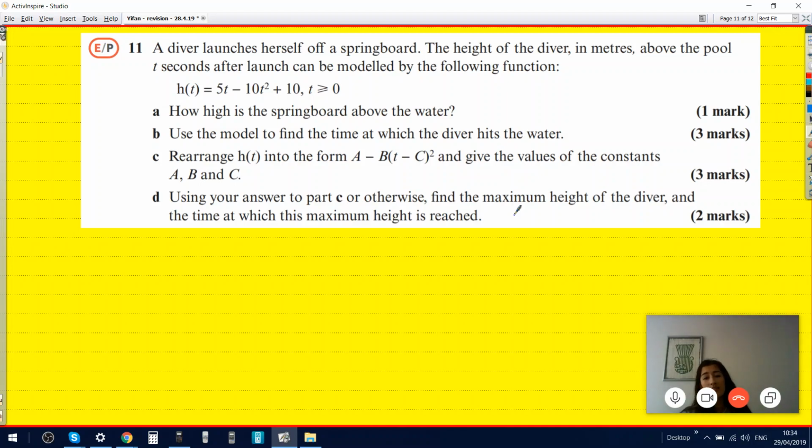How high is a springboard above the water? Why would they do it like that? What's the put in it? Minus 10. 1.28 meters. They start falling at when time is 0.